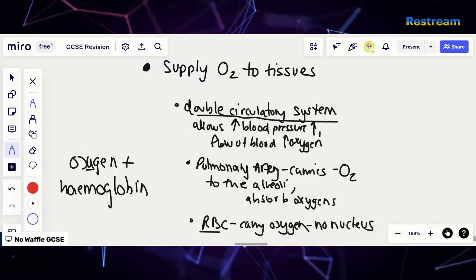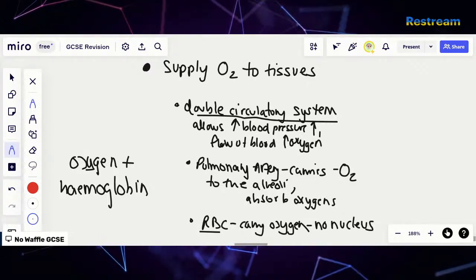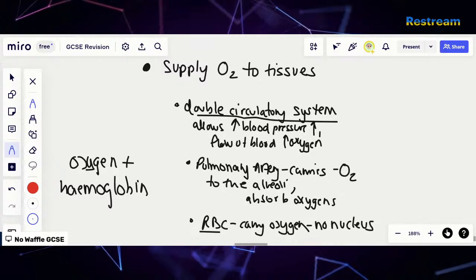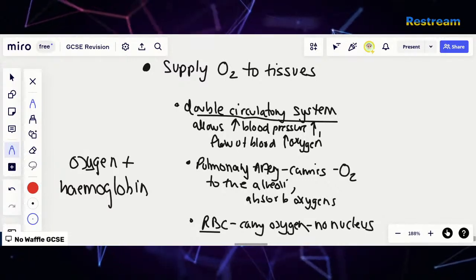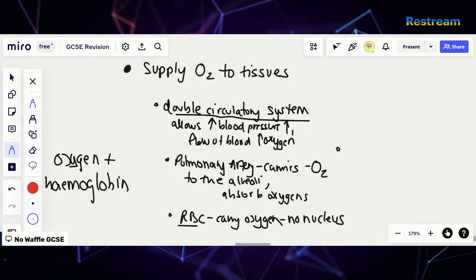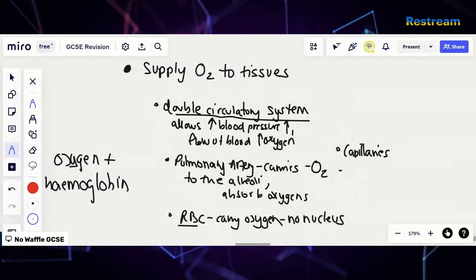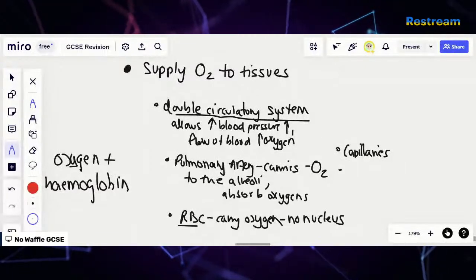Now we can also talk about how capillaries carry blood into the tissues, and they have very thin walls to allow for optimum diffusion of oxygen. Capillaries are mostly discussed when we're talking about the small intestine and the villi and how it is able to absorb all the nutrients from there.